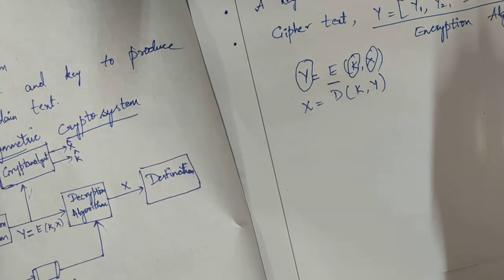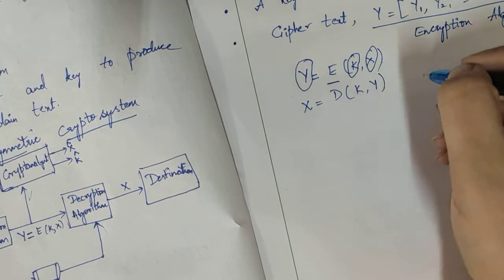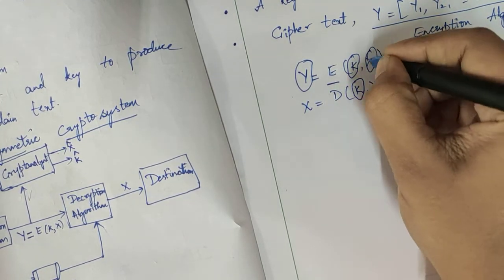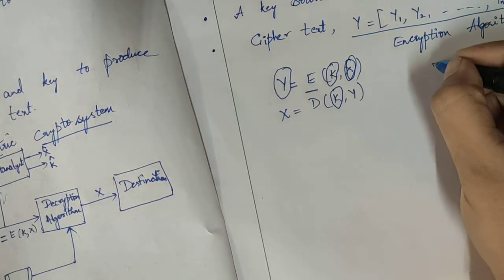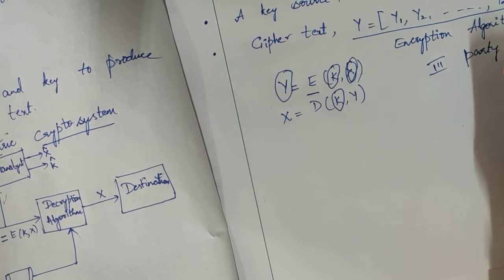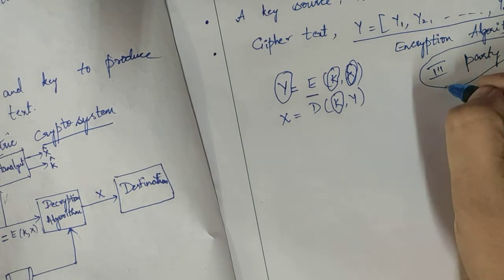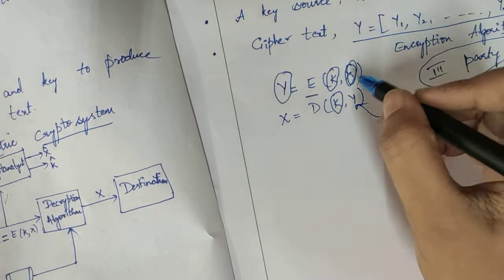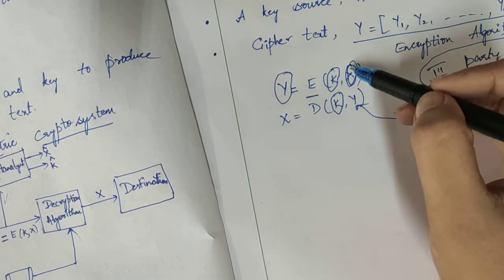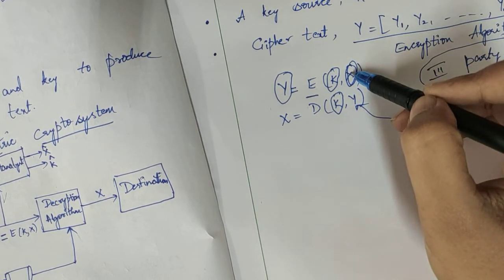Now an opponent observing y but not having k or x. There is a third party. Here he is observing your ciphertext, but he doesn't know about the secret key k as well as the plain text x.